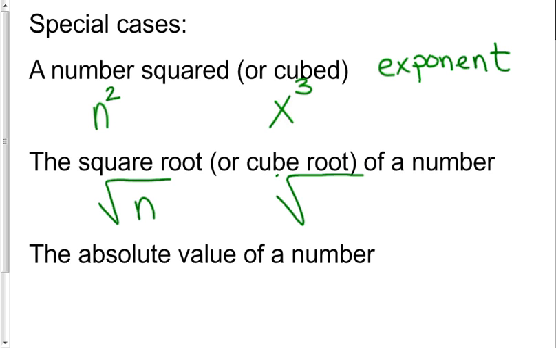Cubed root is similar, but it has that little 3 over top of it. And then absolute value are these horizontal bars. So the absolute value of a number looks something like that. Okay?